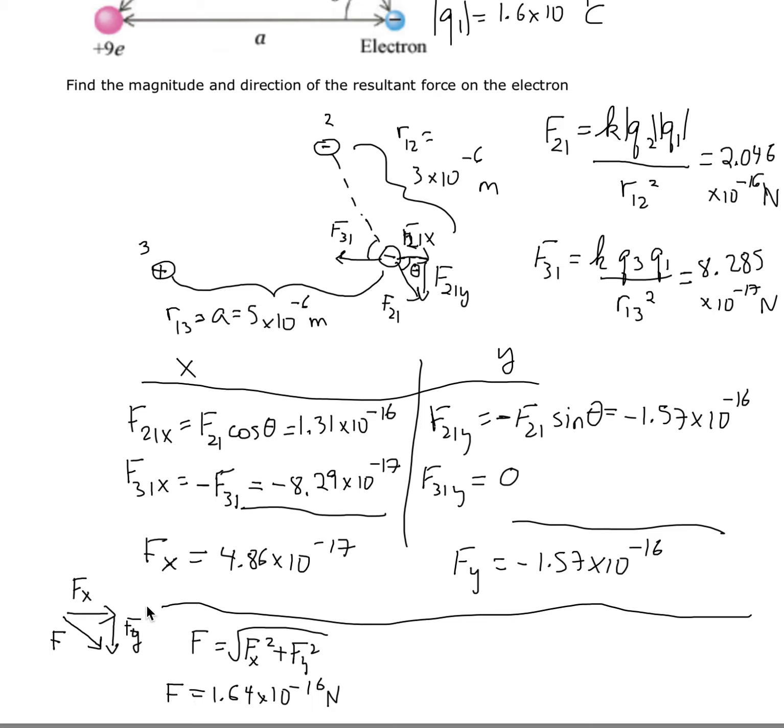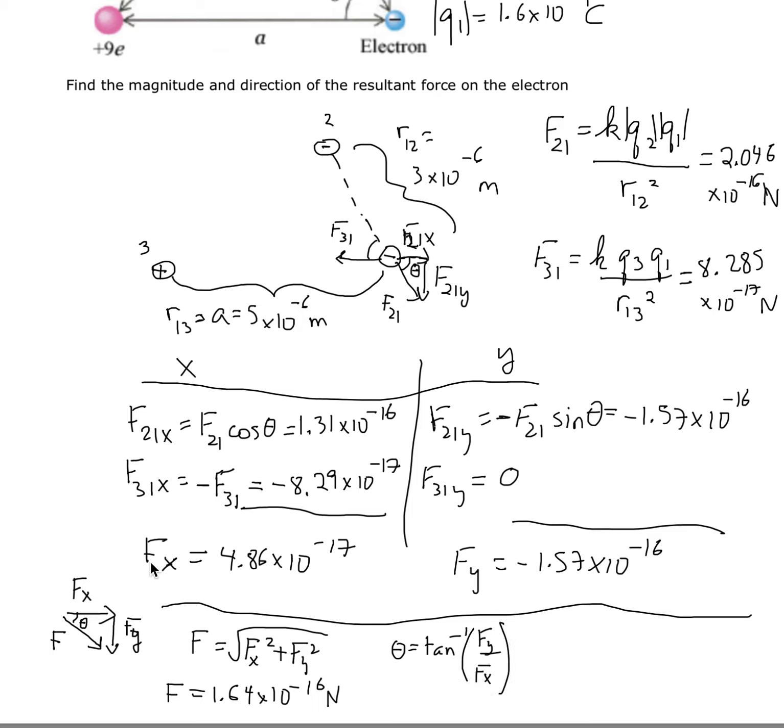Now we need to find its direction. We're going to find theta over here. So if we draw this theta, we know that the y component is opposite and the x component is adjacent. So that means that we can use the inverse tan of the y component, Fy, divided by Fx.